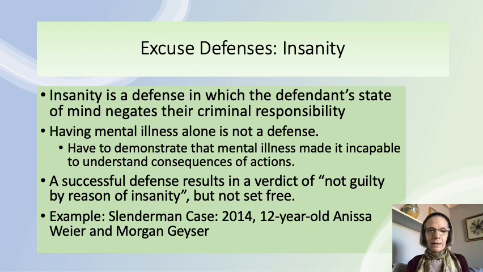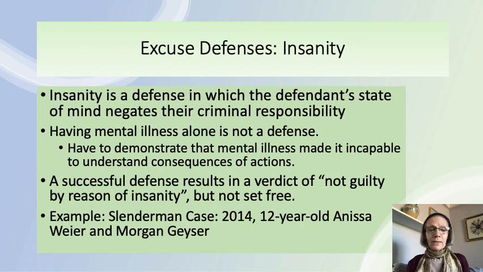in 2014. That was the case of two 12-year-olds, Anissa Weir and Morgan Geyser, who lured their friend into a local park and attempted to stab her to death in order to have an offering to the Slender Man, a character in these horror stories.